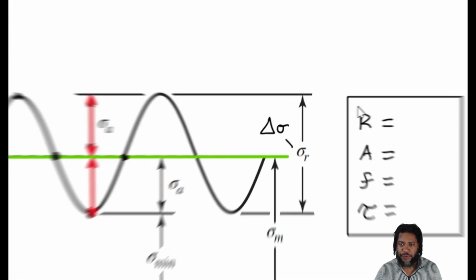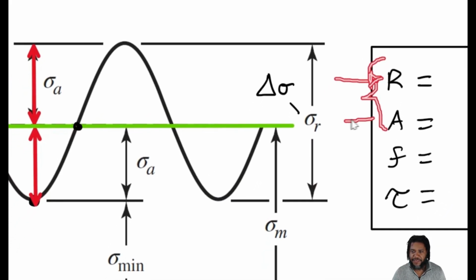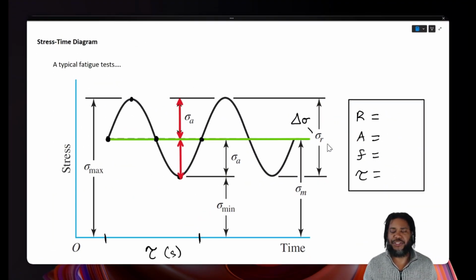Now, the last 2 parameters we need to put on this diagram are the stress ratio R and the amplitude ratio A. These help us to understand the relationships, the ratios between the maximum and minimum stress and the stress amplitudes and ranges within our problem.